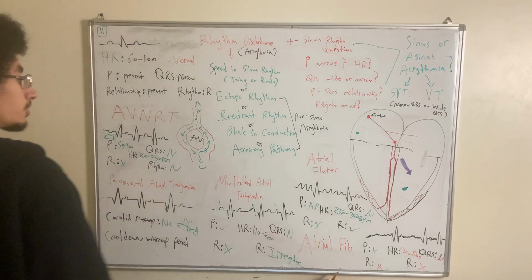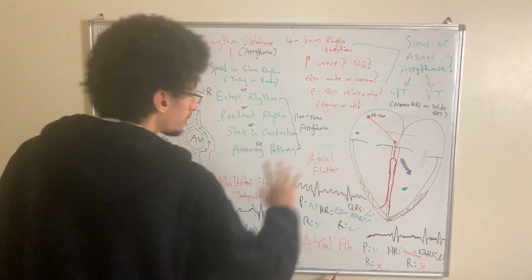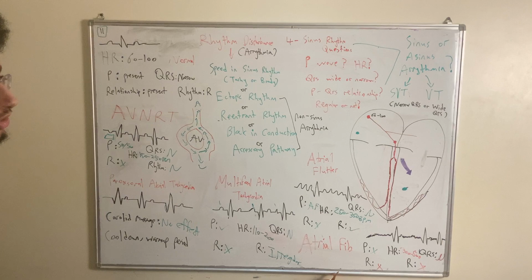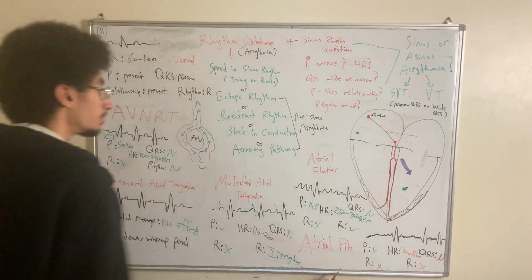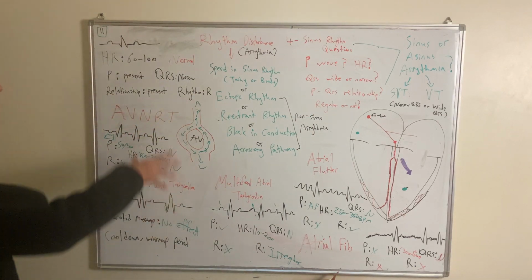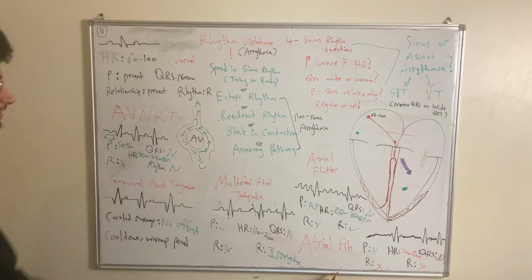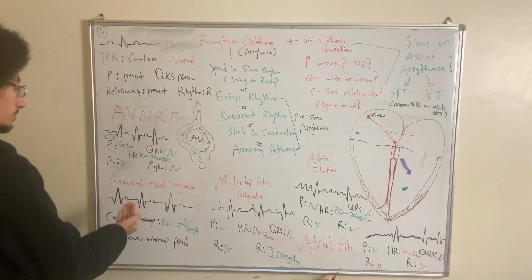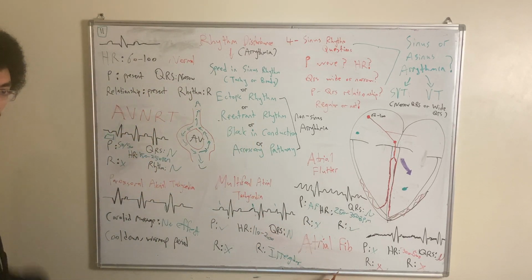That means the ventricles are fine. They will get their source from above, not from the ventricular pacemaker cells, so it will go their normal way. So there will always be a narrow QRS complex, but the P wave will be affected, and we will still have tachycardia from the atrial side. All of these supraventricular tachyarrhythmias, all of these narrow complex tachycardias, occur due to an ectopic rhythm or due to a reentrant rhythm.